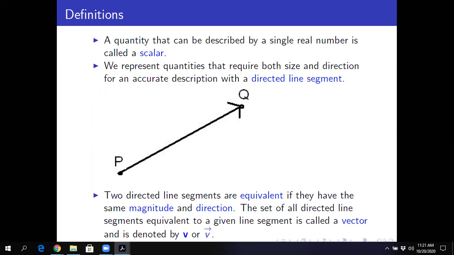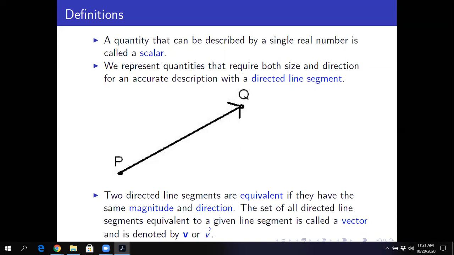Okay, so a specific vector is really like representing an infinite collection of directed line segments. Does that make sense? That vector can literally be drawn anywhere in the plane, okay? So when I say vector, I'm not just talking about one thing, I'm talking about an infinitude of things that are actually equivalent to each other, yeah?